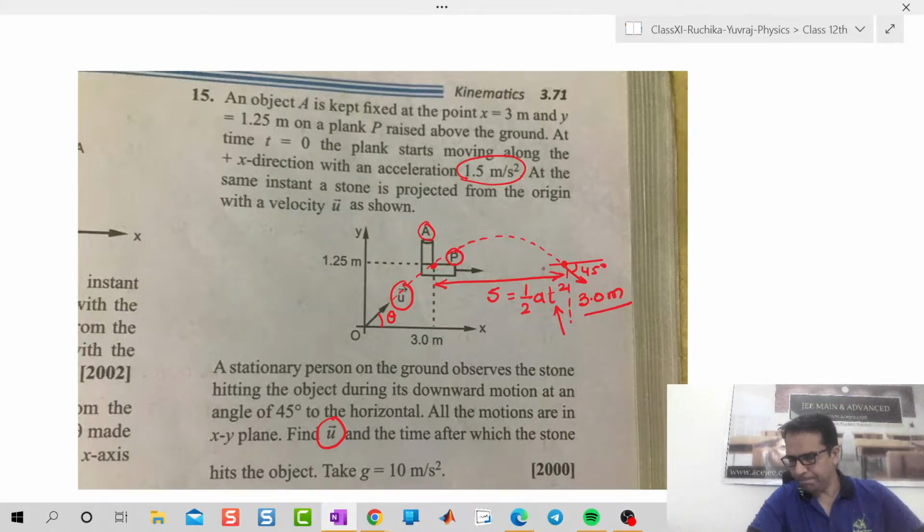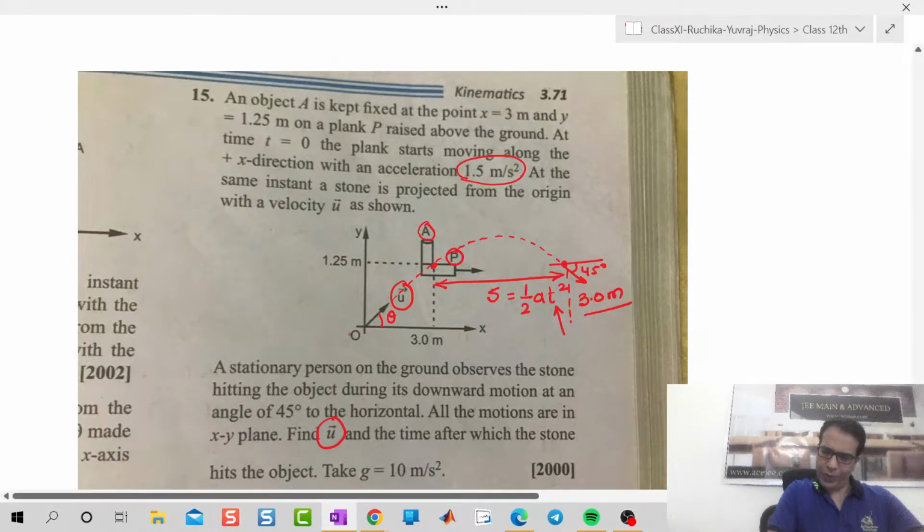Yes, Chavi? Okay. Now what else is given for the projectile? The angle that it makes. So what does it tell us? If the velocity is v at that time, then vy by vx is tan 45, that is 1.